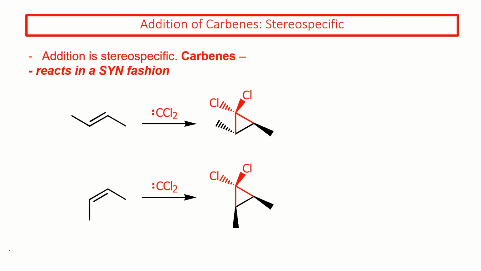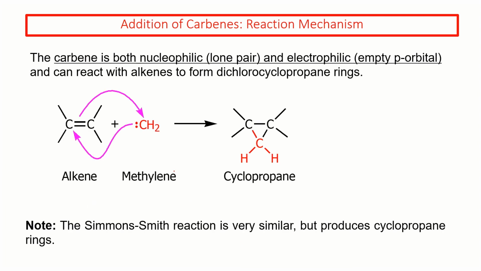In the second case, we have a cis alkene, and you can see that we end up with a ring where two groups are on the same side, i.e. cis. The mechanism is quite sophisticated, and I advise you to look in the notes and make sure you get it.